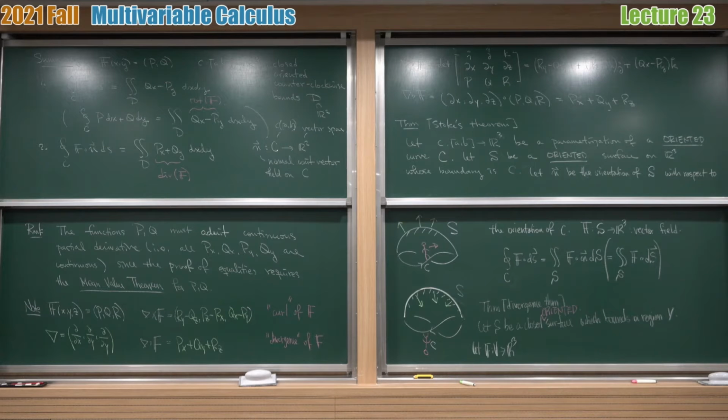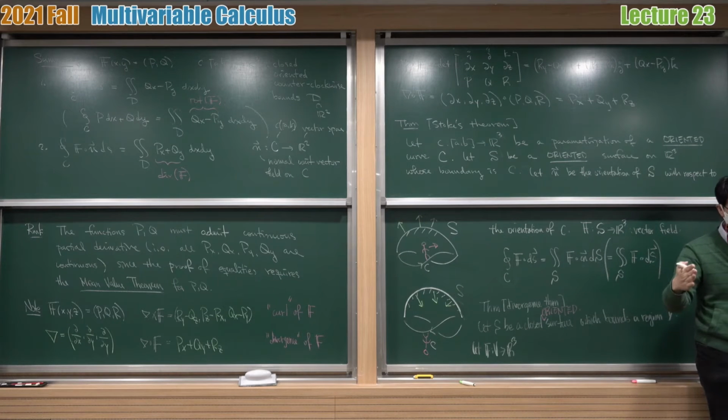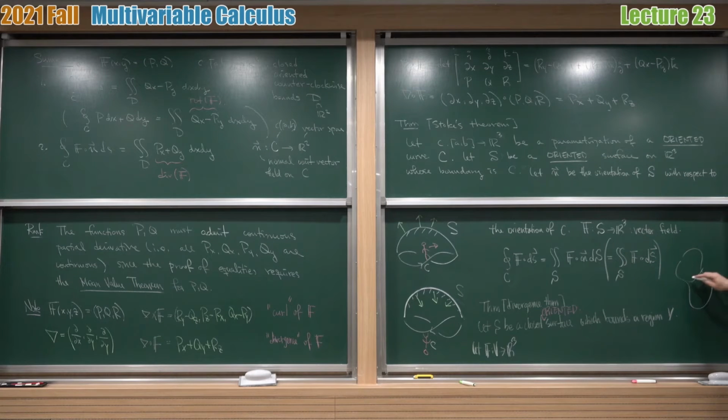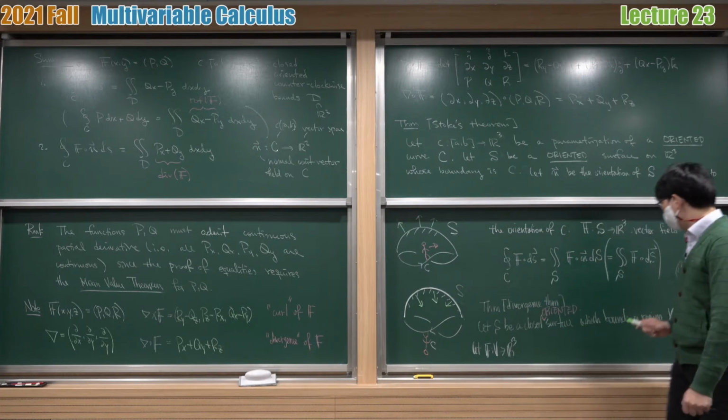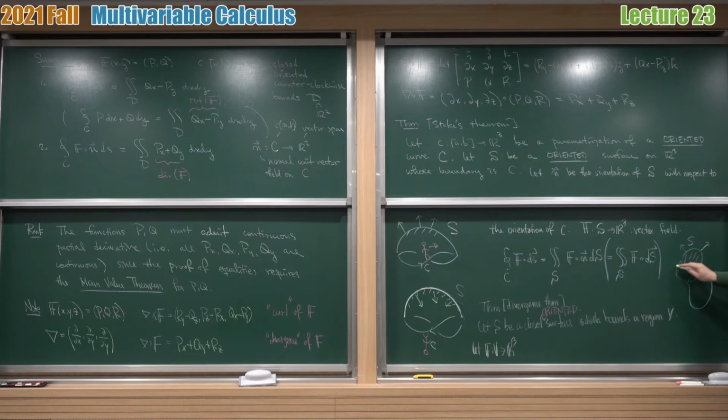I'm going to fix my orientation of S so that the orientation is the direction that gives the outward direction of the volume. Which means that if I have a closed surface like this shape, then I know that this S bounds this volume. So I'm going to define my orientation of the surface as the outward direction. Okay.